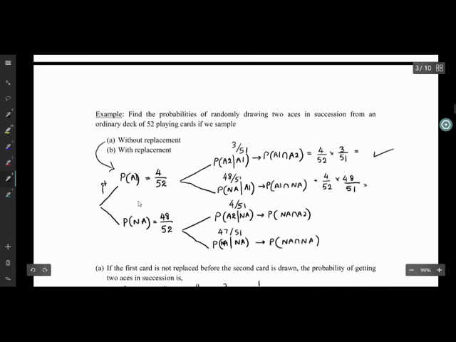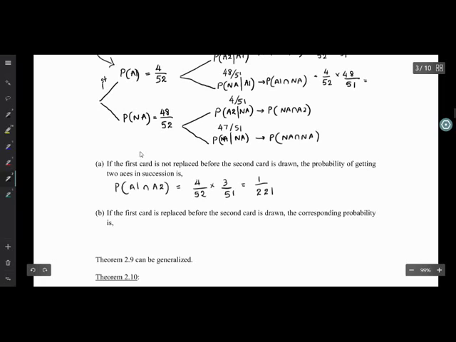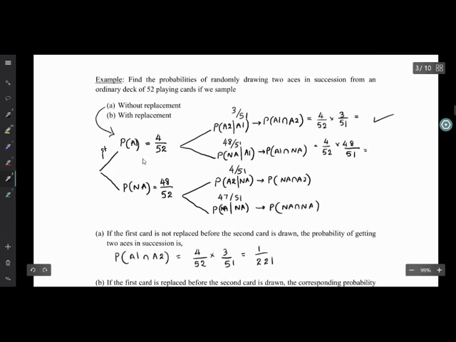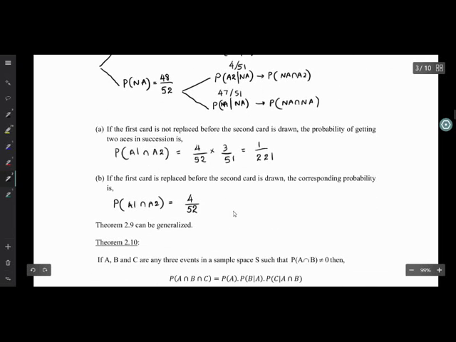Now if you do the same thing with replacement, what will happen? What is the probability that the first is an ace and also the second is an ace? For the first card, we know that there are 4 aces out of 52. Now you do the replacement. That means after you pick the first card, you put it back.